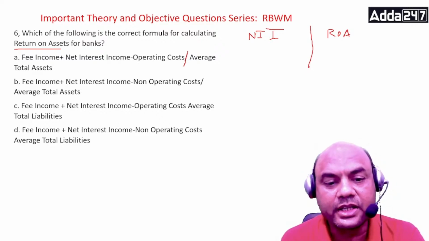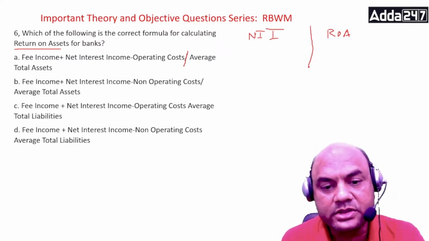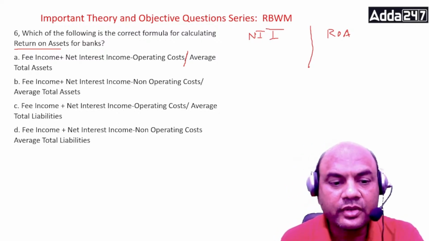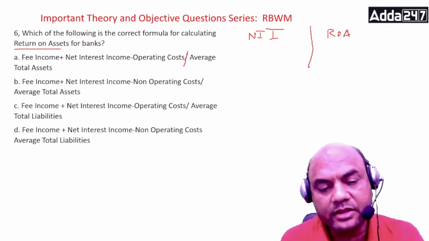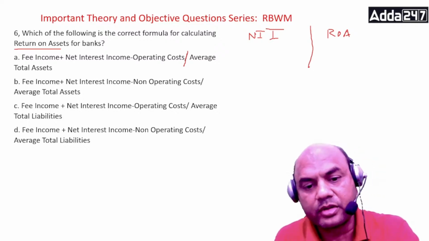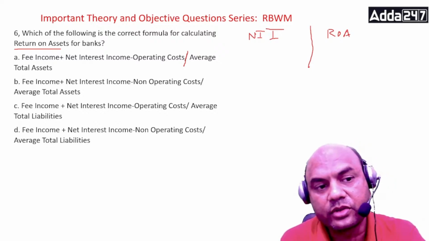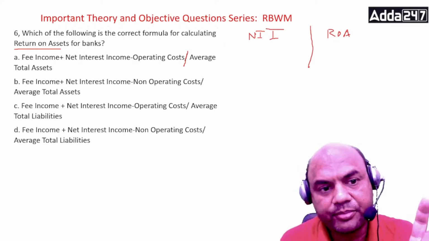Third: fee income plus net interest income minus operating cost upon average total liabilities. Fourth: fee income plus net interest income minus net operating cost upon average total liabilities. Now which is the correct answer? You want ROA. Think over it.